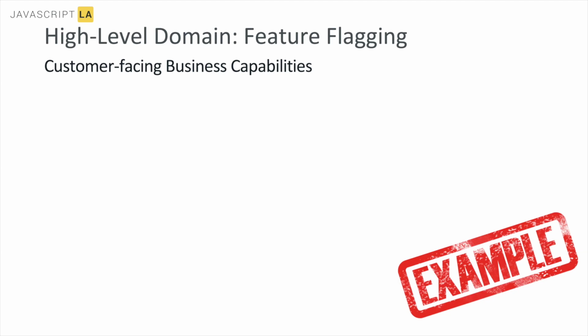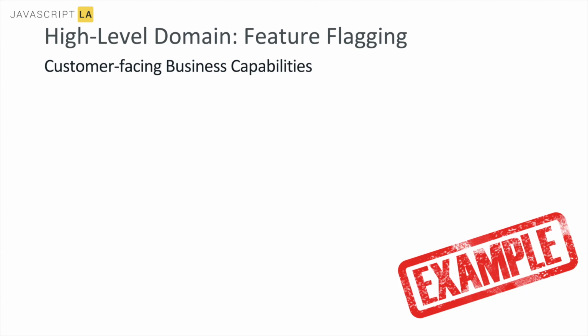So I'm actually going to use Split as our general high-level domain example. One example is we have the high-level domain of feature flagging. Essentially what we do is feature flagging and experimentation, allowing you to turn on and off capabilities for particular customers, right?